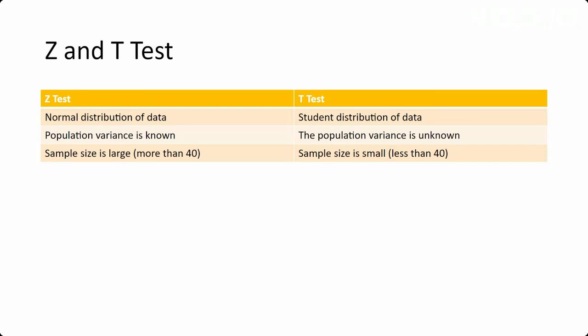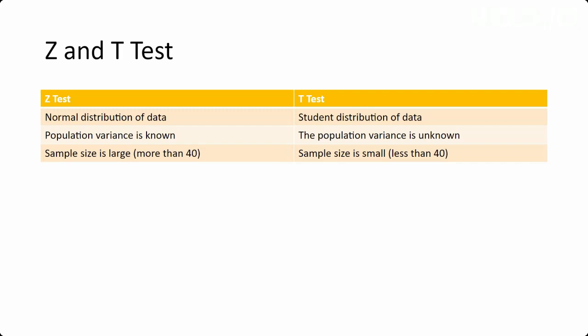The z-test usually has a normal distribution, and the t-test has a student distribution of data. In the case of the z-test, the population variance is known, and in the case of the t-test, the population variance is unknown. For the z-test, the sample size is large, usually more than 40, or some say more than 30.